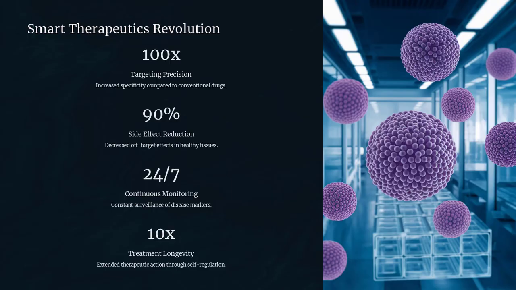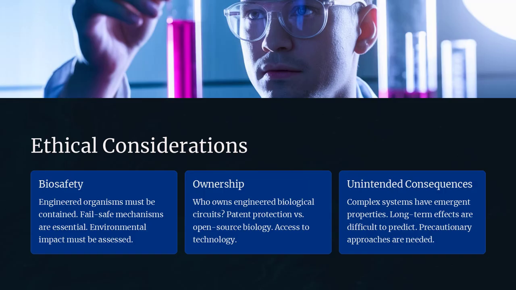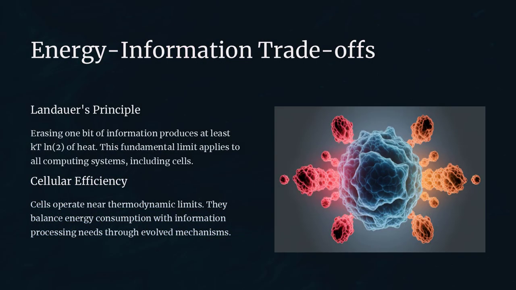The very features that make living systems adaptable, their ability to tolerate noise, exploit stochasticity for differentiation, and reconfigure networks in response to stimuli, also preclude the strict digital fidelity we associate with classical computation.